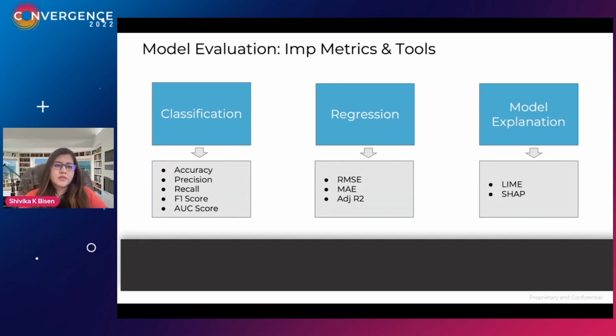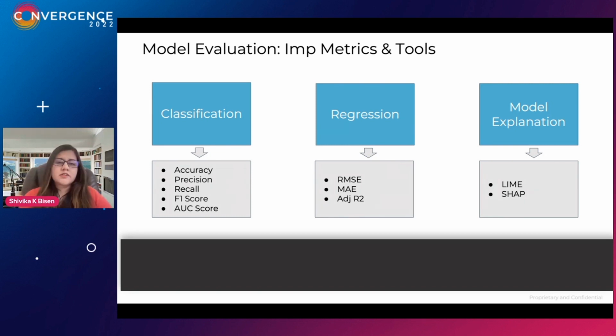For example, classification. To give you a very simple example, say there's a classifier that classifies cat and dog pictures, right? So that's a classification model, and for that the metric would be accuracy, or true positive, true negative, false positive, and false negative.